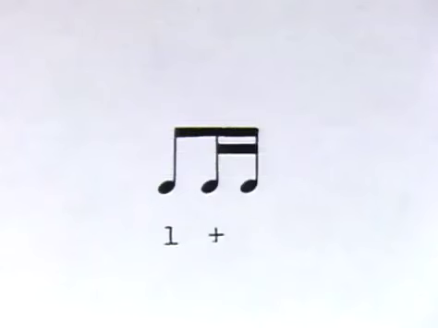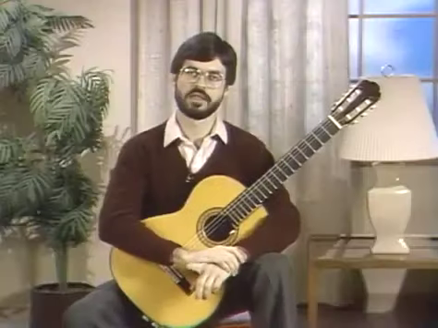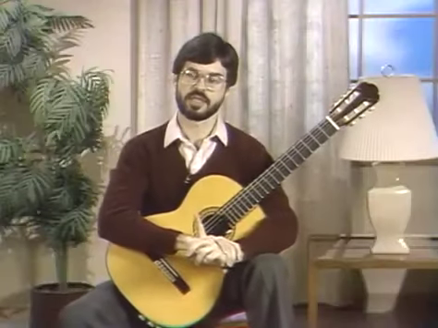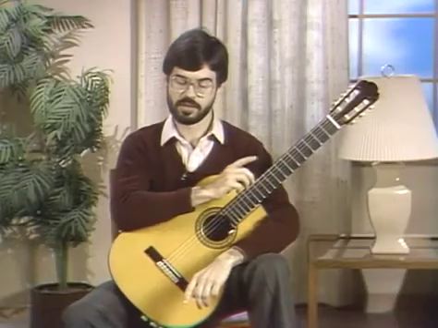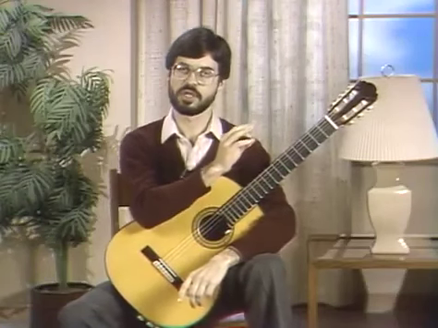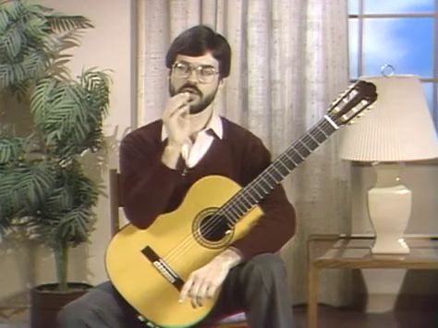That would be like 1 and 2 and 1 and 2. In this case, though, that first 8th note is tied to that half note, to the G note. So the G note, because it's the half note, would get 2 beats. And then on the 3rd beat, we wouldn't play that note. That G note would still ring through.